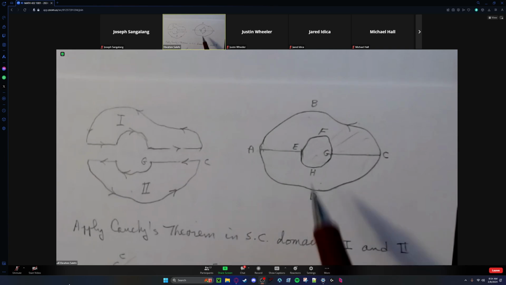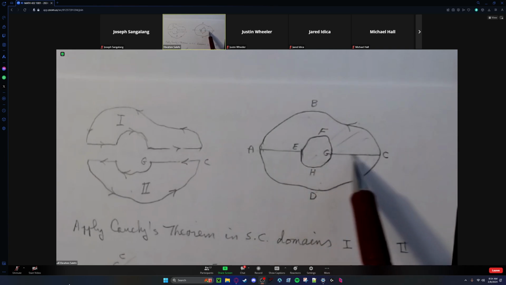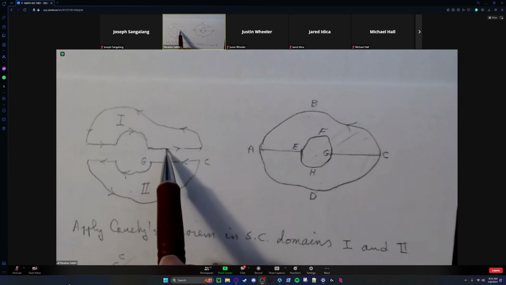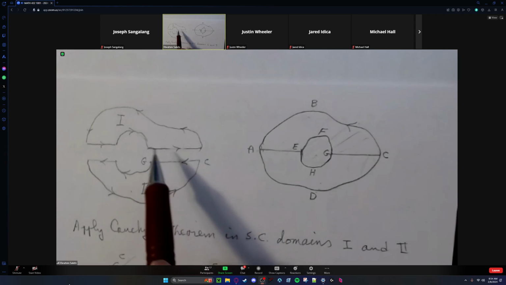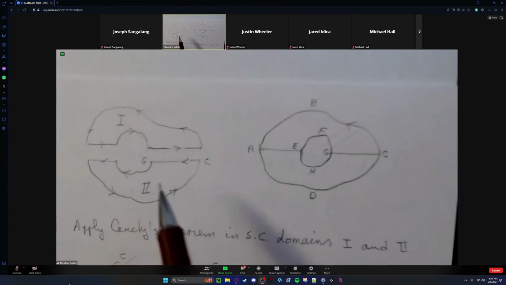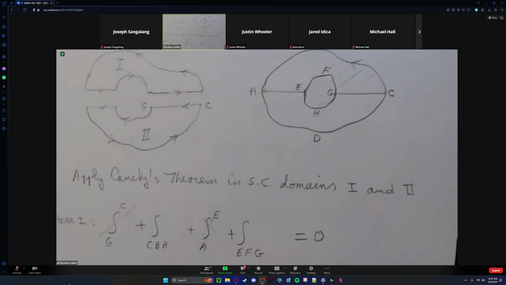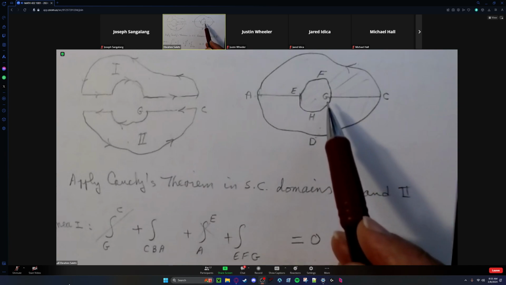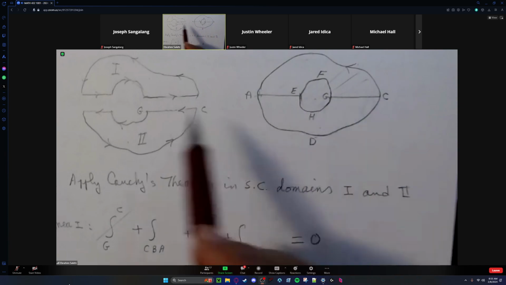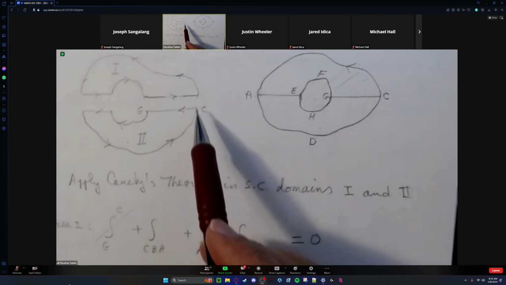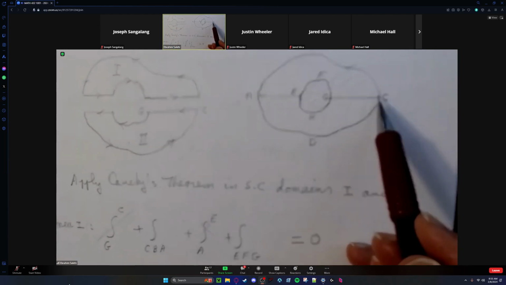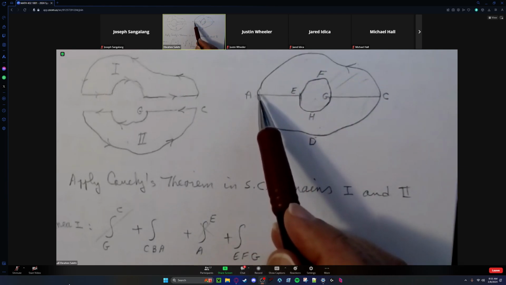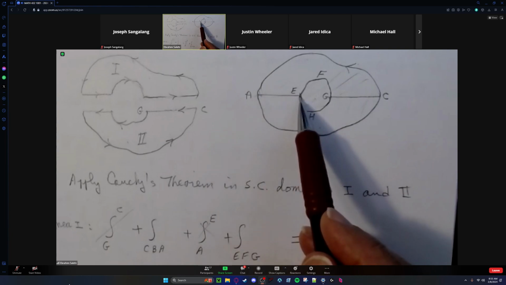So if there is a hole, we can cut. We can have two cuts and then apply this Cauchy-Goursat theorem on part one and part two. If you use it in part one, this is what you get. You integrate from G to C, from here to here. Then you go C, B, A, then A, E, and then this one.